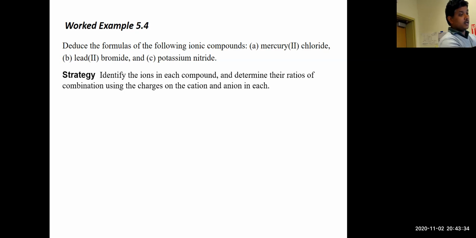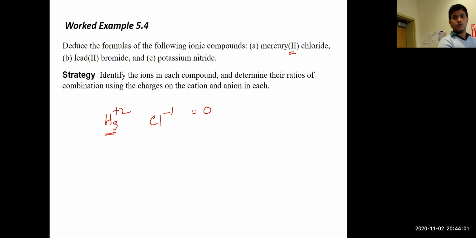Mercury, they already gave the clue here. They say mercury has +2 charge, right? And chloride, we said -1 charge. I got this mercury +2 charge from here. Now, +2 and -1. Do you have overall neutral charge? No, currently. So how do you get the overall neutral charge is, you cannot change this one.